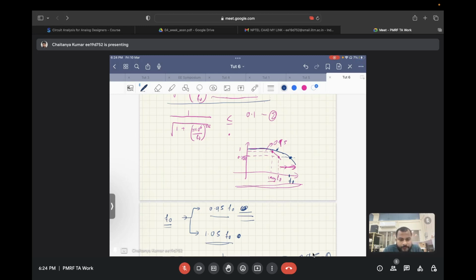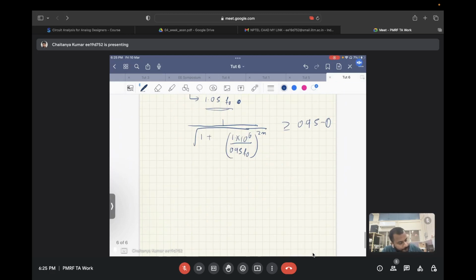Why? Basically, if we extend this curve something like this, here will be 2 megahertz, and this is 0.1, so this will be greater than 0.1. So F naught increasing is a bad thing for the second constraint, right?